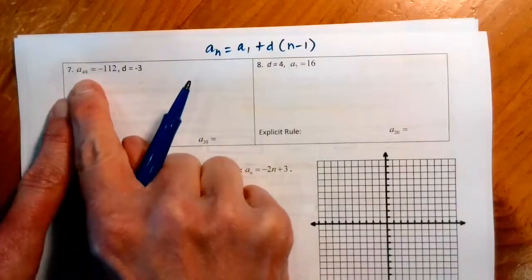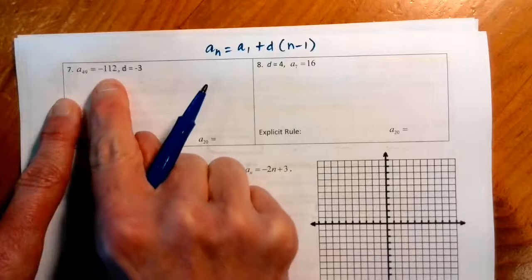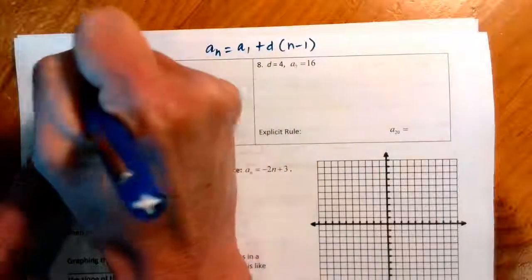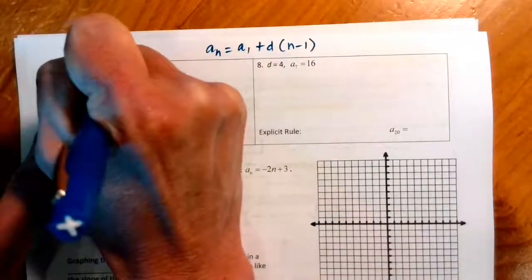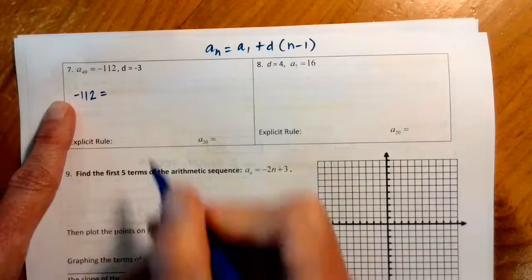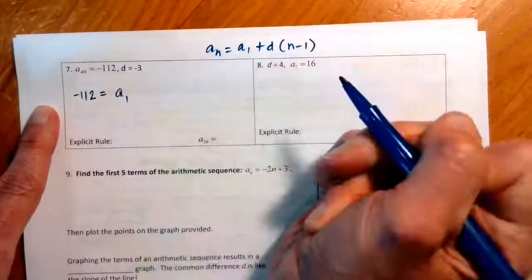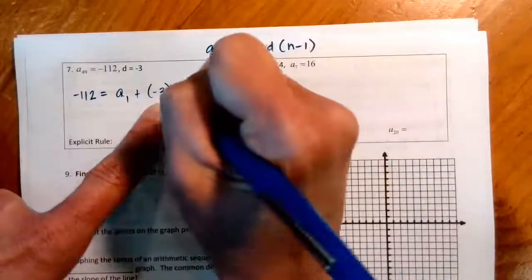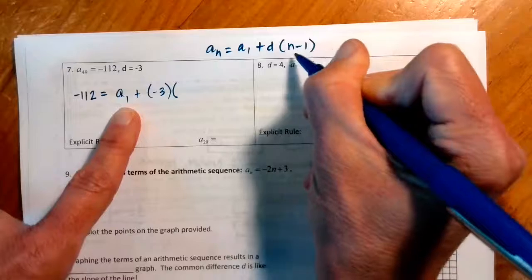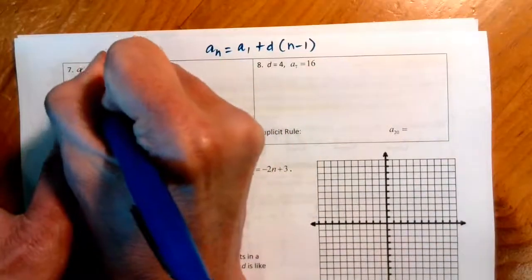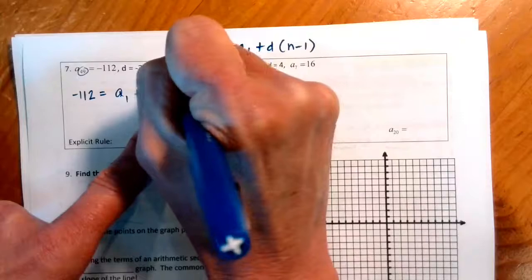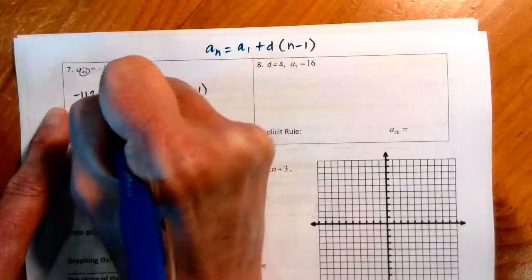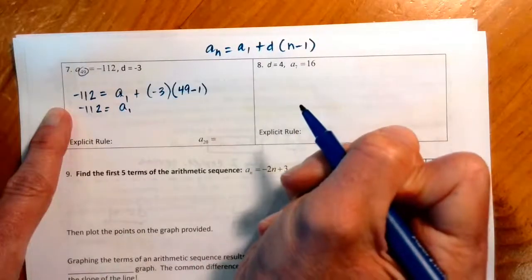So here's how this one goes. If I know that a sub 49 is equal to negative 112, check out how I write this. I know that negative 112 is the outcome when my first term is added to my difference times, what was my n in this story? Yeah, 49. So that means that negative 112 was the outcome when I started with the first term.